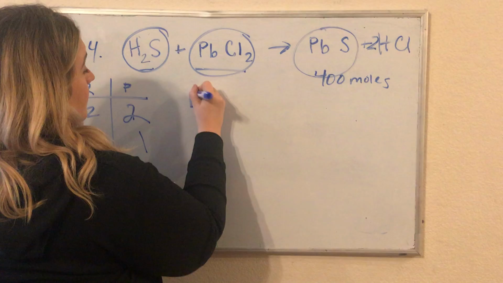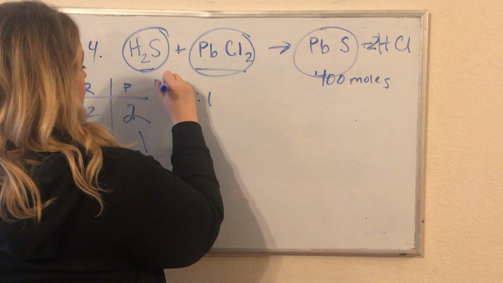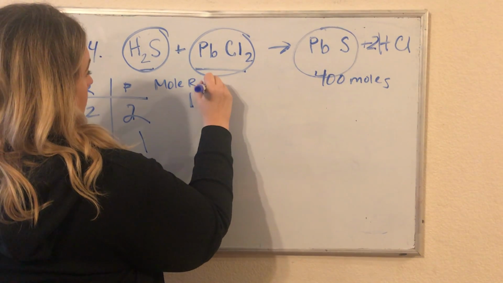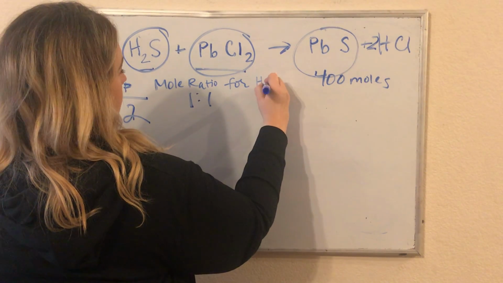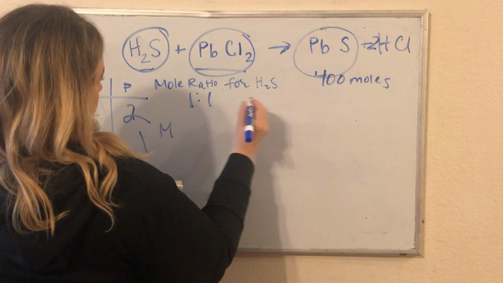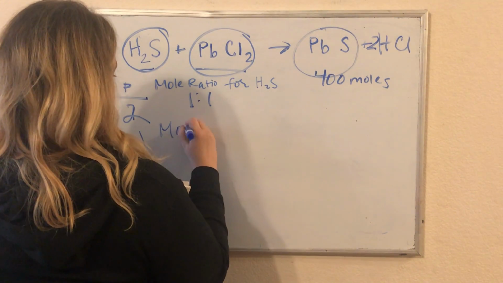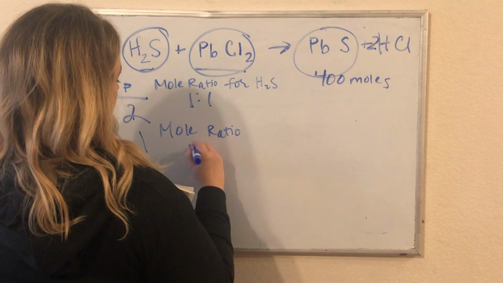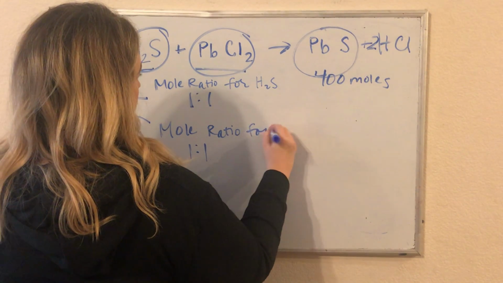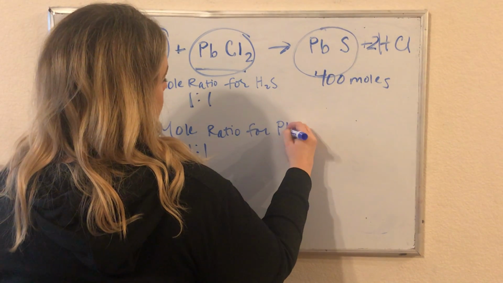It's a 1-to-1 mole ratio for the hydrogen sulfide, and then the mole ratio is 1-to-1 for the lead 2 chloride.